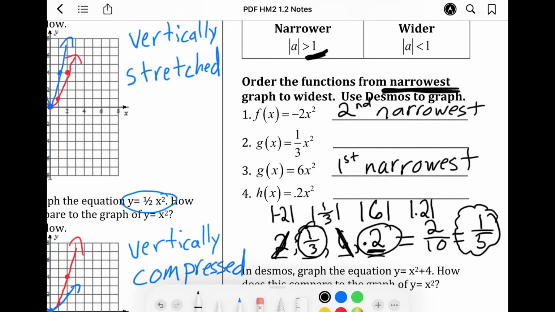In between 1/5 and 1/3, which one is bigger? Well, 1/3 is bigger. So this is going to be the third. And number 4 is going to be the 4. So this one is actually going to be the widest of all of these.